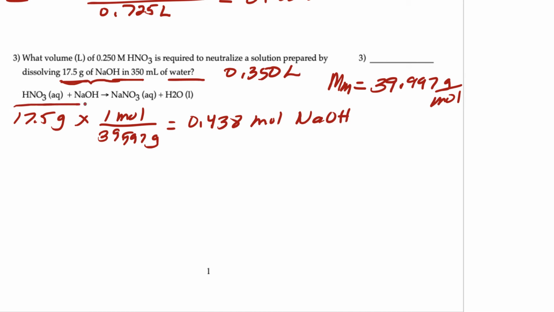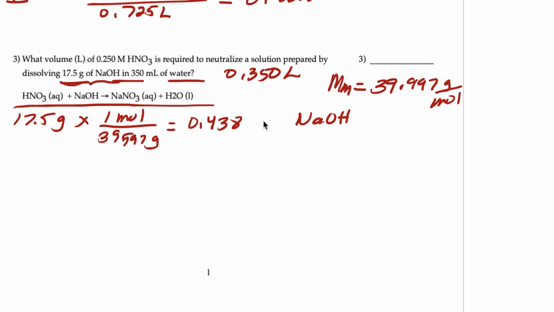So we have our balanced chemical equation here. What we need to do is determine the molarity of the sodium hydroxide solution. Remember, molarity is moles of solute over liters of solution. So we divide the number of moles by the volume.